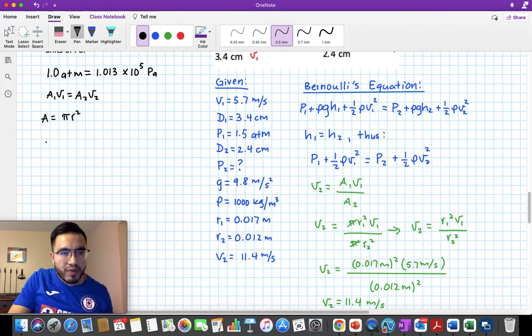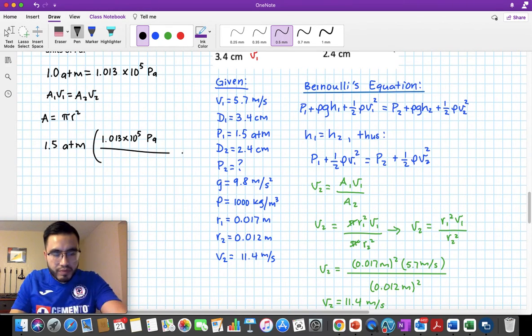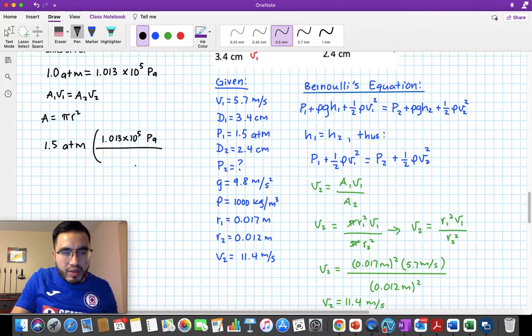So we have 1.5 ATM, and then we know that 1.013 times 10 to the 5th pascals is the amount of pascals in 1 ATM.